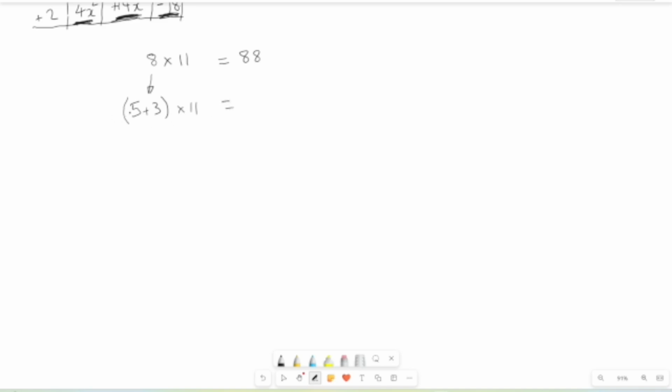Now, if we just do 5 times 11, this 5 multiplied by the 11, we get 55. And that has to equal 88, but clearly 55 doesn't equal 88. We know the true answer is 88 because we got that up here.